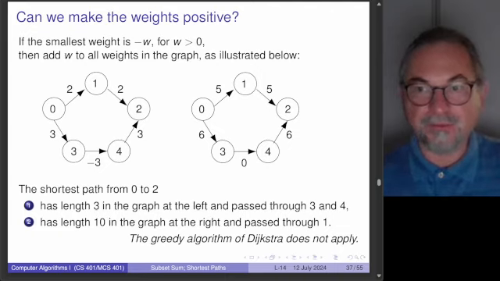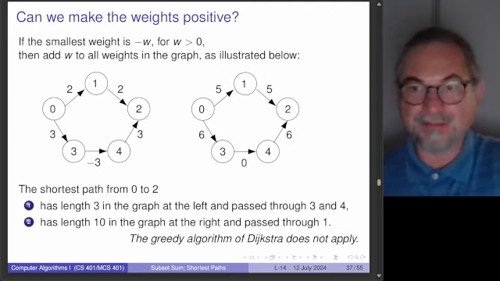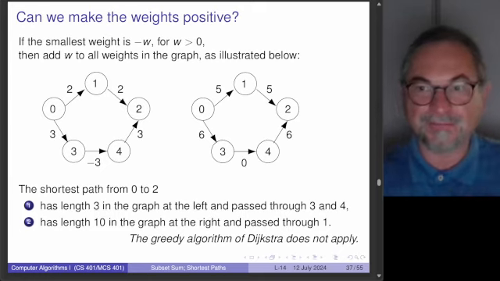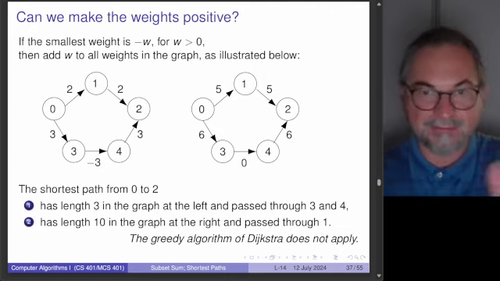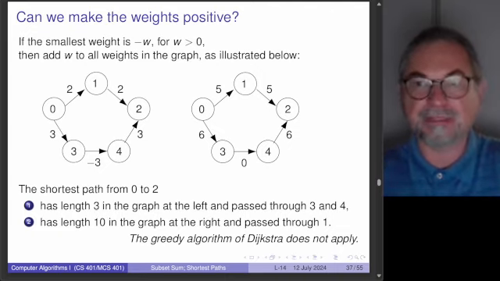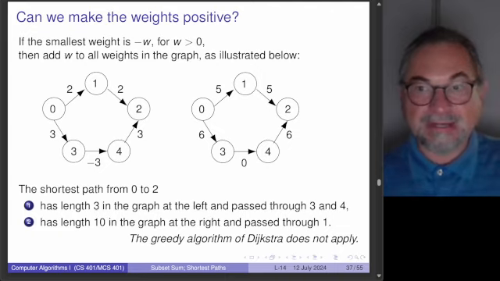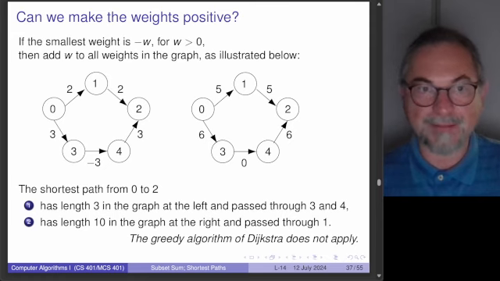So if you transform the problem, then you also transform the shortest paths. So again, what Dijkstra computes would still not count as a solution. So greedy algorithms do not apply here, and therefore we have to look for dynamic programming.